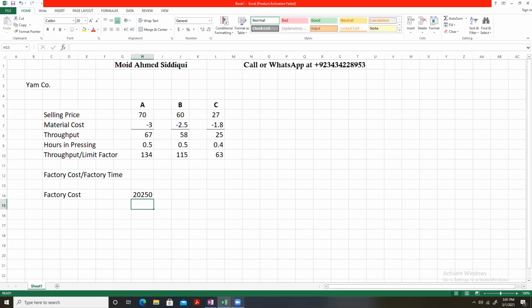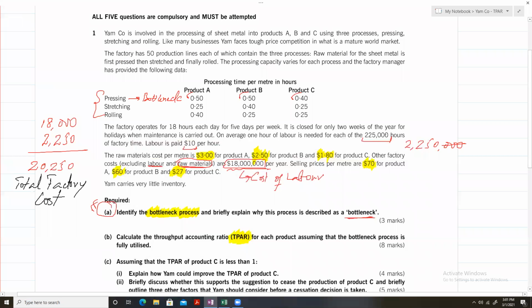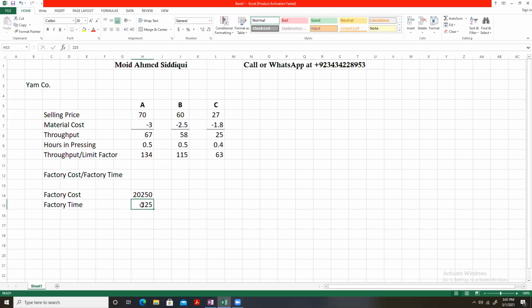The total factory cost is 20,250. I have rounded these figures to thousands, so you can say it is in dollar thousands.